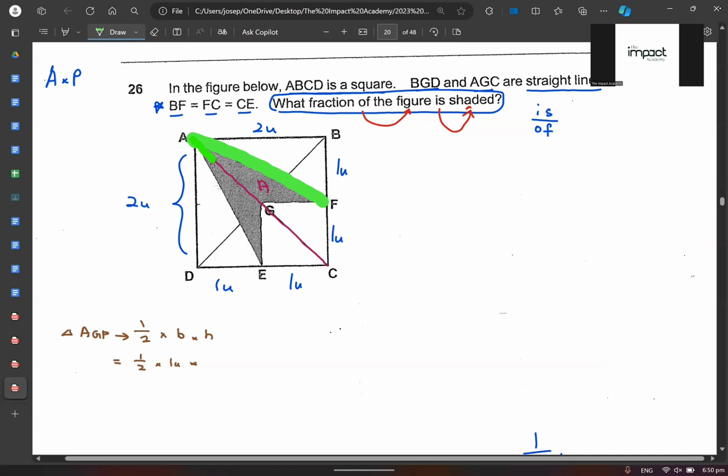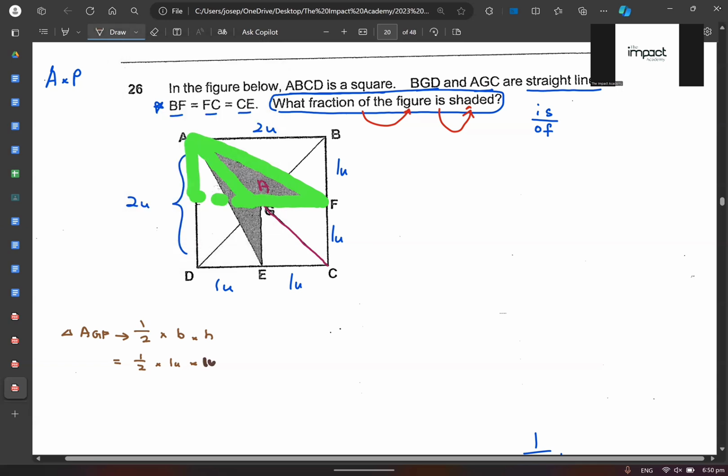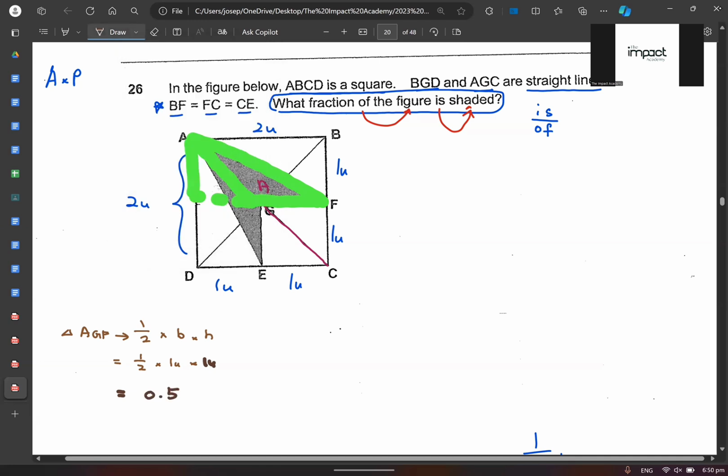Can you see this slanted triangle? I purposely highlighted it. That means I need to remember to extend my height. My height has to be here. True or not? If my height is there, I'm going to use 1 unit also as my height. Agree or disagree? Do you understand? So when you do 1 unit times 1 unit, you get 1 unit, right? Then after that, you half it. That becomes 0.5 units. Agree or disagree? And this is triangle A. Agree so far?